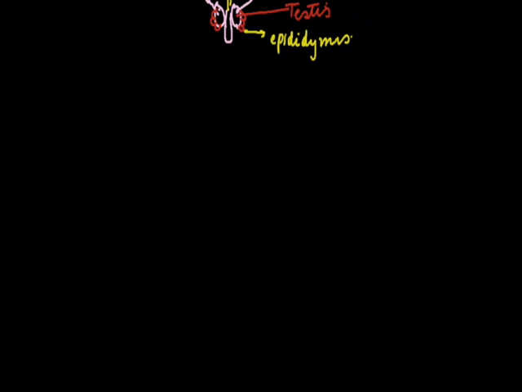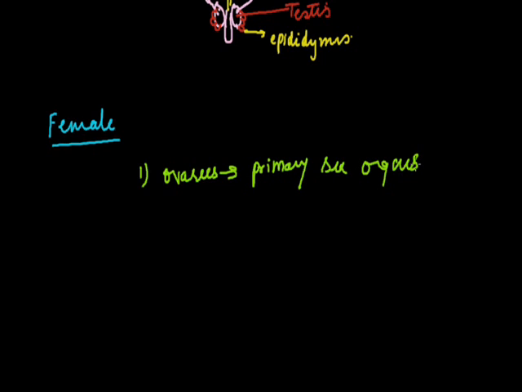Now let us come to the female reproductive system. The female system consists of the following parts. First, it consists of a pair of ovaries which are small and which are the primary sex organs of females. They help in the formation of ovum, which is again a single-celled structure.